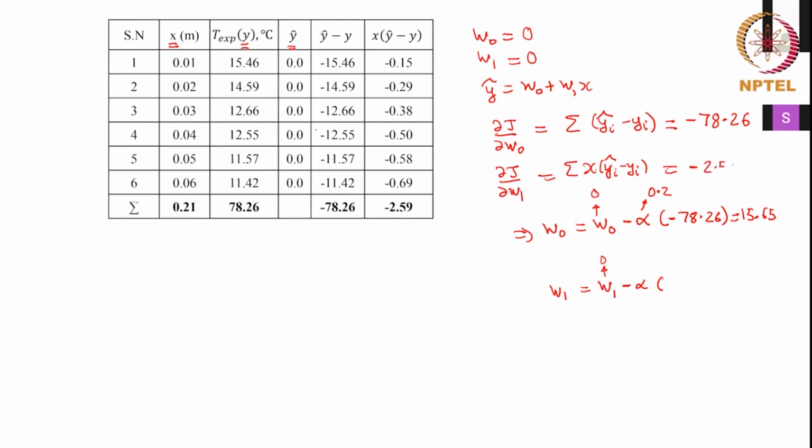Minus 2.59. I think now it should come to 0.5184. Am I right? Yes, this is 0.5184. So this is the result of one iteration.